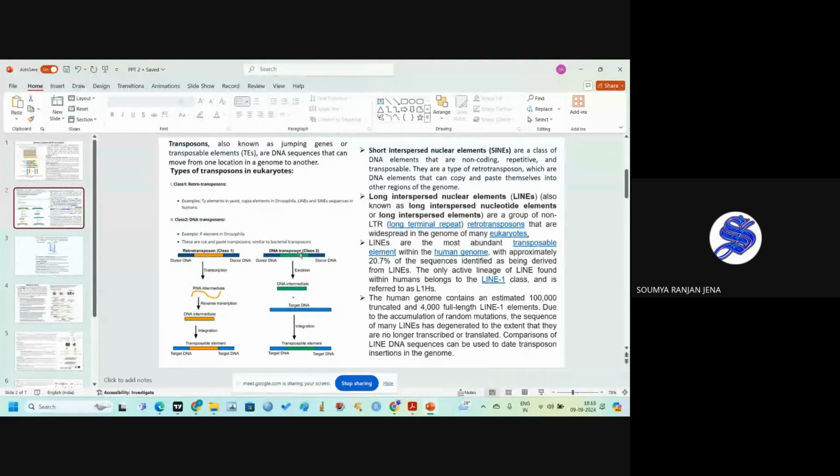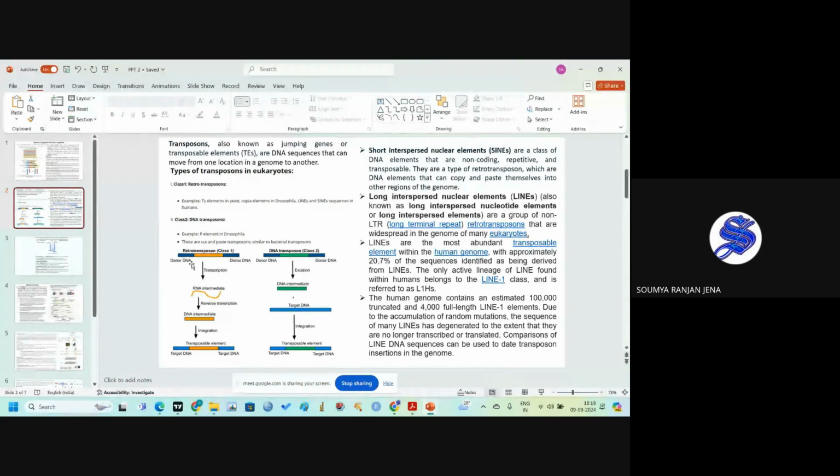Then if you go to the DNA transposon, there is the donor DNA, then excision of this donor DNA transposable element, and this DNA intermediate is then integrated into the target DNA. This transposable element is directly transferred from the donor to the acceptor DNA.